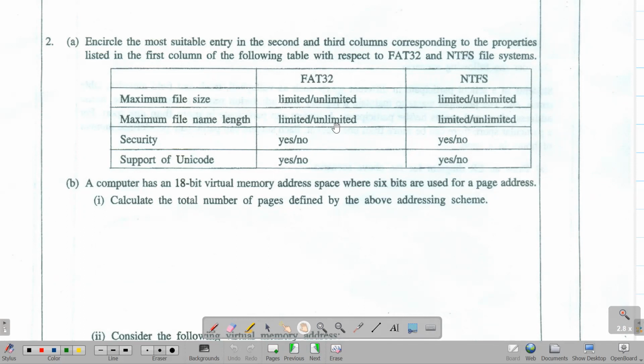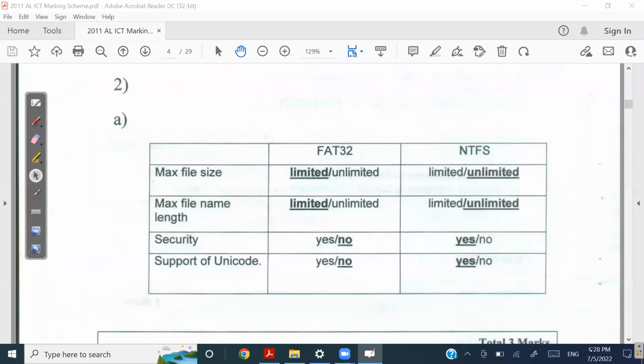Right, so you are provided with this table and they are asking you to underline the specific answer, right? So max file size for FAT32 and NTFS: FAT32 is the older version of the file system, NTFS is called new technology file system. FAT stands for file allocation table, right? For the maximum file size, in FAT32 it is limited, in NTFS it is unlimited.